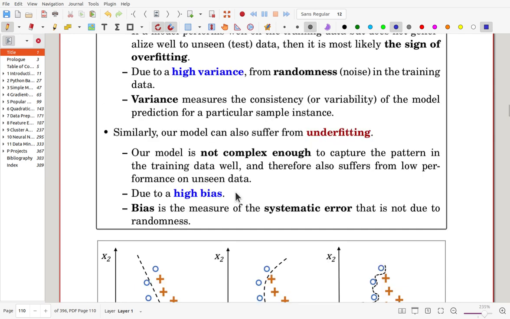Similarly, the model can also suffer from underfitting. In this case, the model is not complex enough to capture the geometric pattern in the training data set, so later in the test it also shows very low accuracy. That is due to high bias, which is also related to systematic error, because the model is not complex enough.